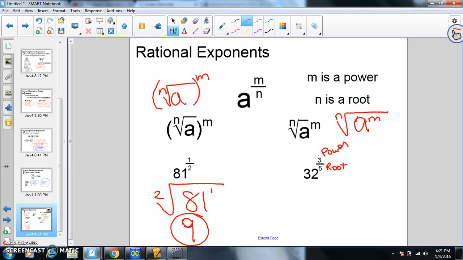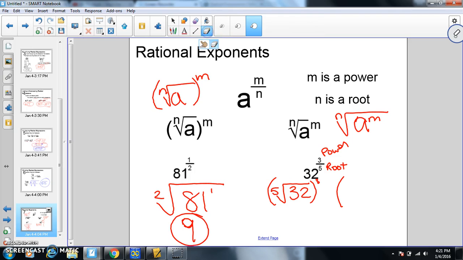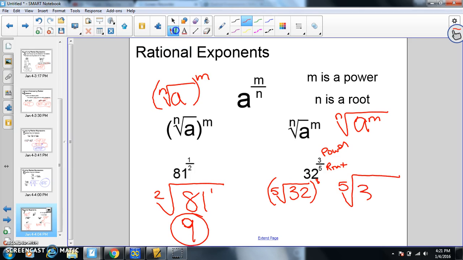So either we can take the 5th root of 32 and cube it, or we can take the 5th root of 32 cubed. Let's try both of those.